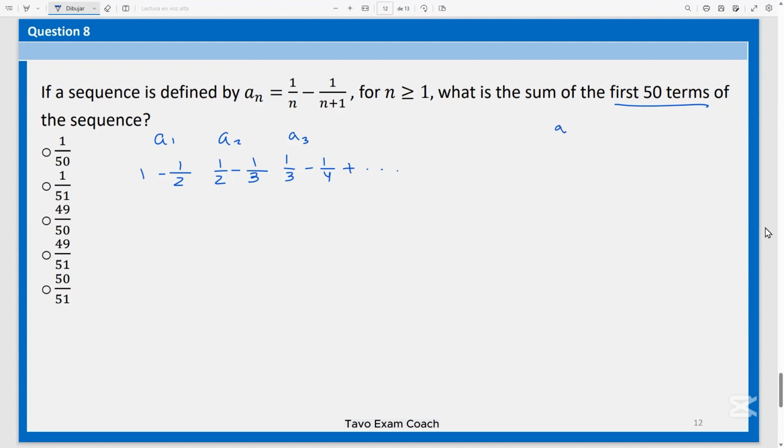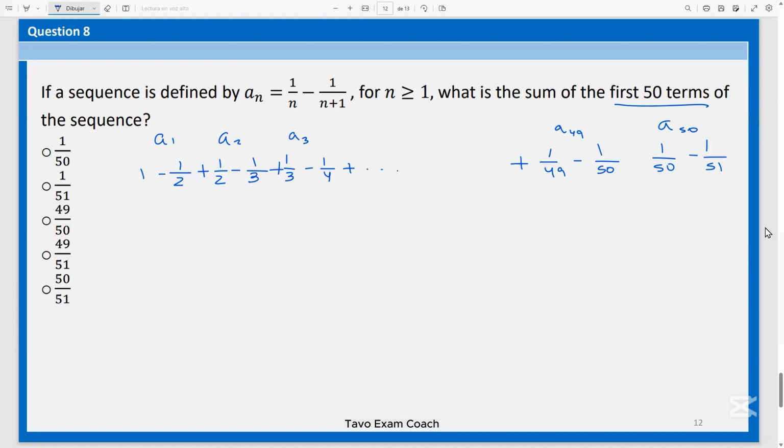The 49th term is 1 over 49 minus 1 over 49 plus 1, that is 50. And the last term in this sequence is 1 over 50 minus 1 over 51. We are supposed to add all of this.